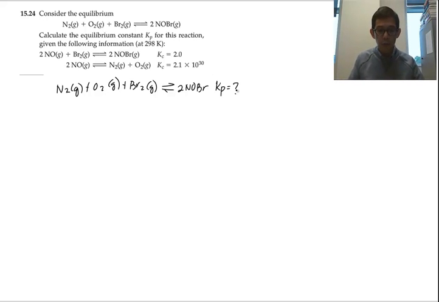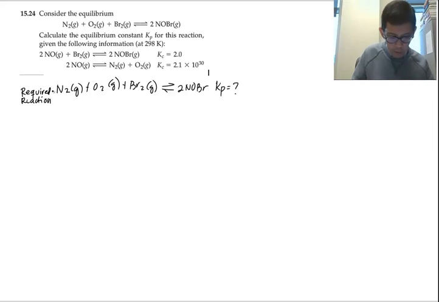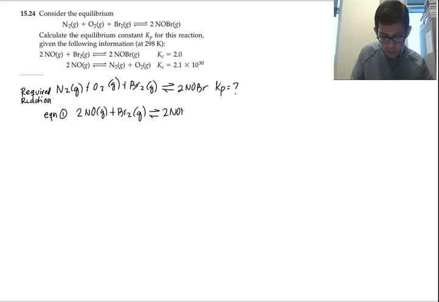So we're given two reactions with their corresponding Kcs, and then we are to get the Kp for a required reaction. So this is the required reaction. We are given two equations. Equation 1, 2NO plus Br2 gives 2NOBr, and the Kc for this reaction is 2.0.